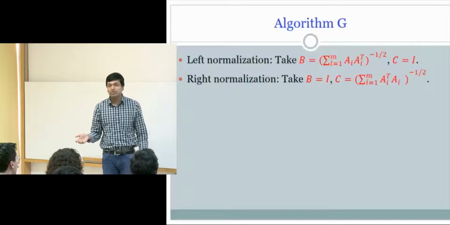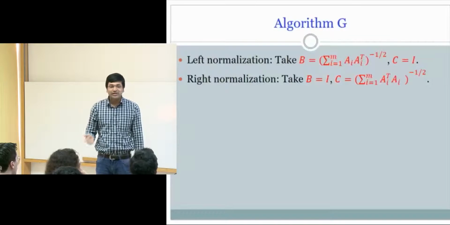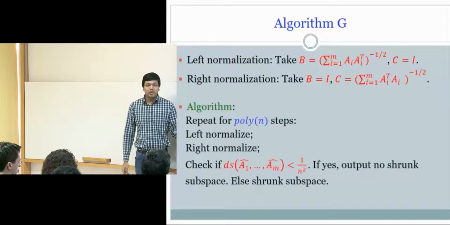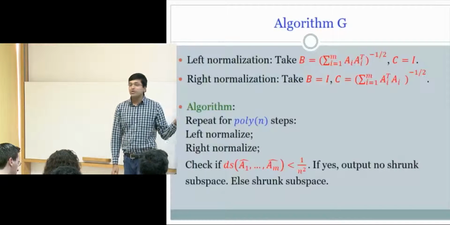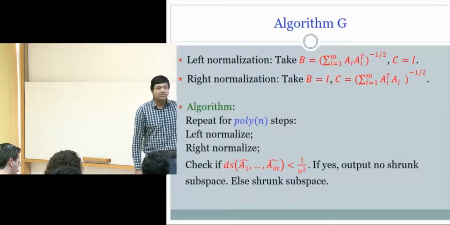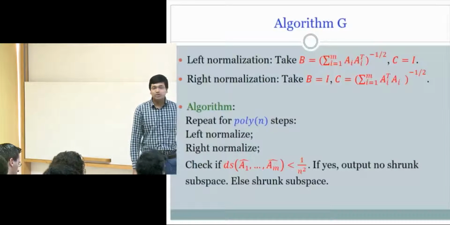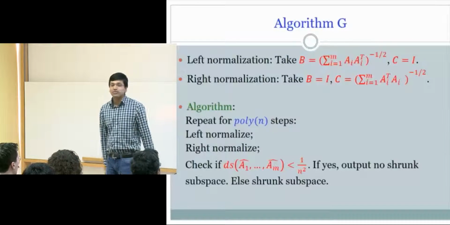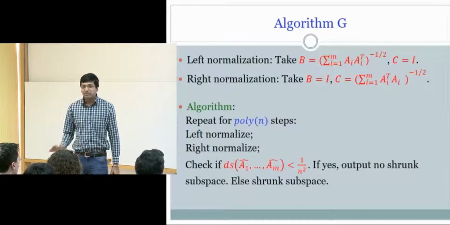What do you think we should do? Left, right, left, right, left. Yes, and that's the algorithm. You left normalize, right normalize, left normalize, right normalize, and you do this for a polynomial number of steps. Finally, you get some output matrices A1 tilde to AM tilde. You check if they are almost doubly stochastic. If they are, you output there is no shrunk subspace. If they are not doubly stochastic, you output there is a shrunk subspace. So this is the algorithm.